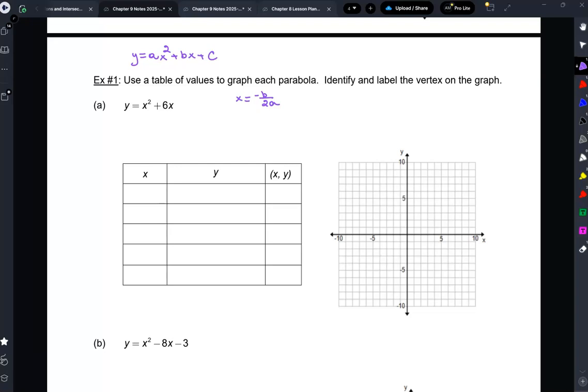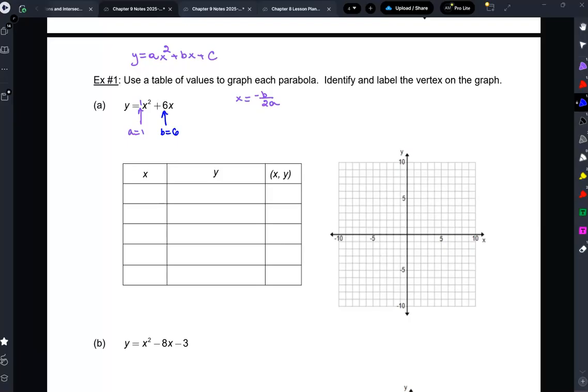A is the coefficient of x squared. What's your a? Here, it's 1x squared, right? So a is 1. What's b? 6. B is the coefficient of the x.